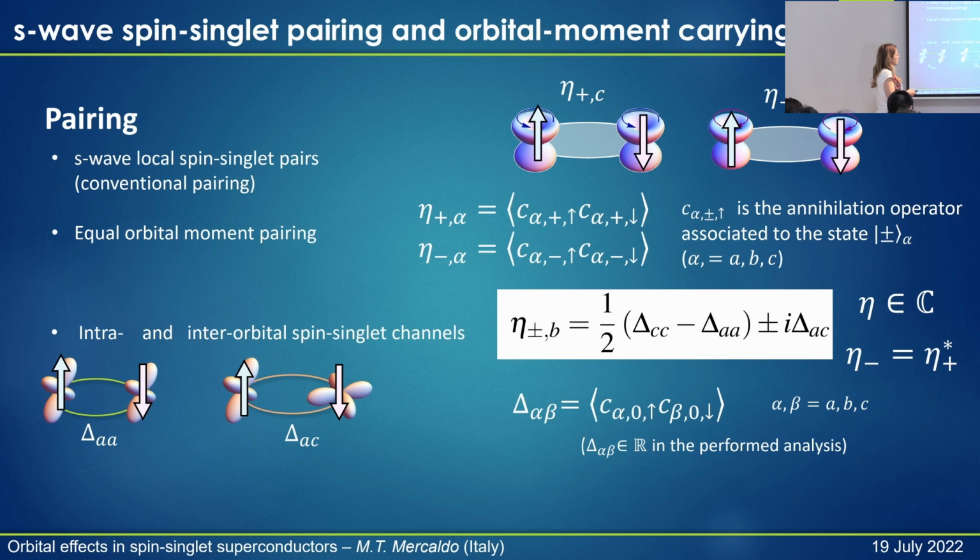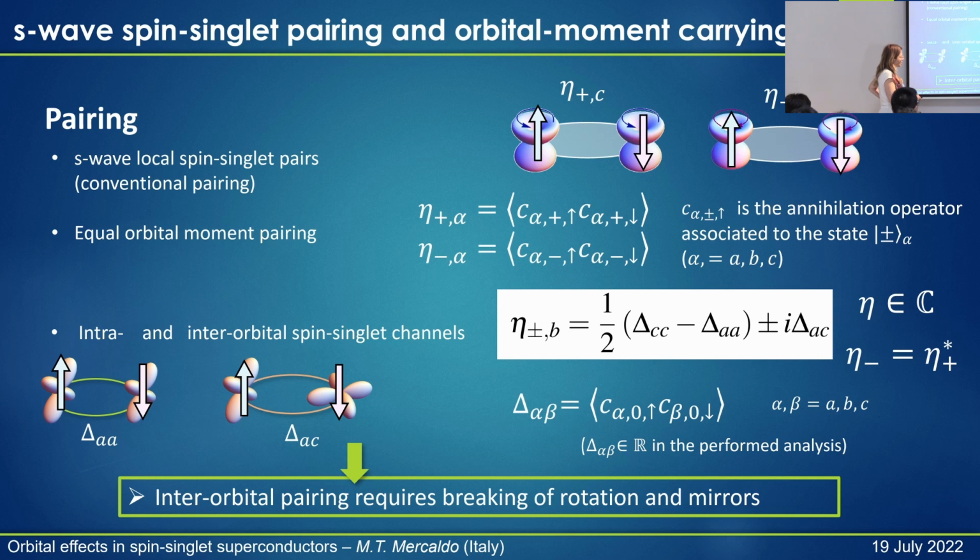So we can see how this new order parameter is built. It's made of a part which has intra-orbital channels, which is the one that we also have in the original part. And then we have this kind of pair which couples electrons with different orbitals, so these interorbital channels. We still only consider spin-singlet.